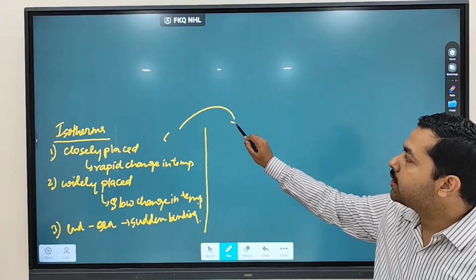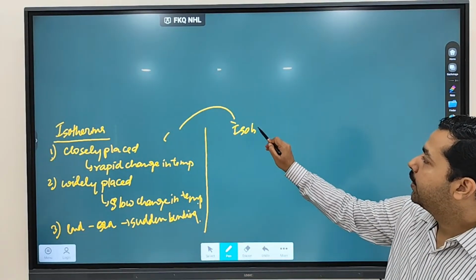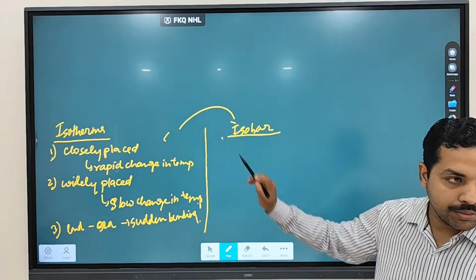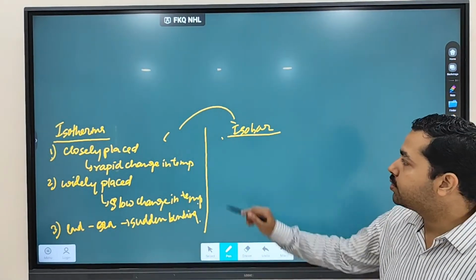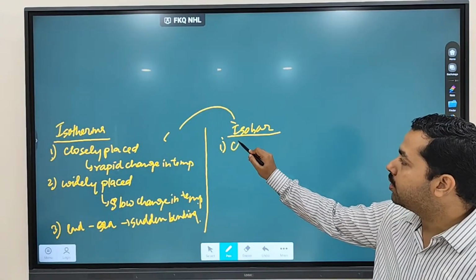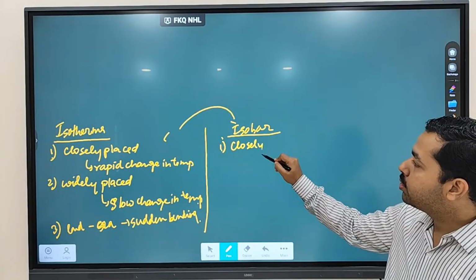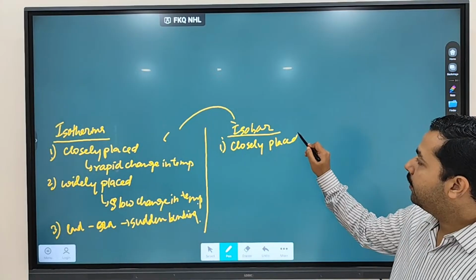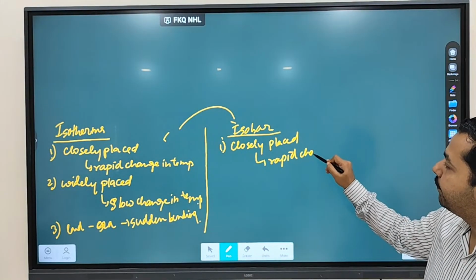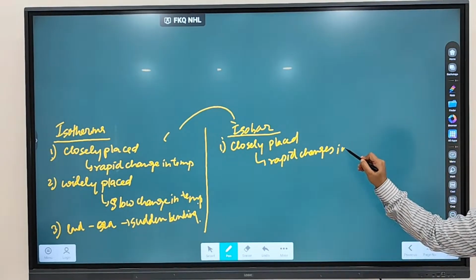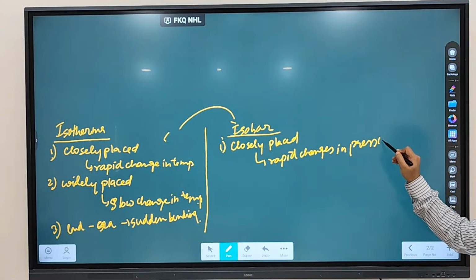The same properties also apply to isobar. If the isobars are closely placed, it indicates rapid changes in pressure.